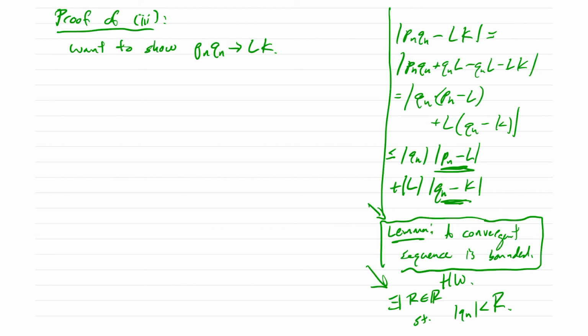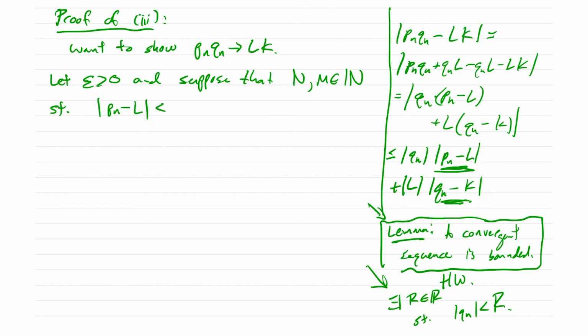So now let's go back in here. What we're going to do is let epsilon be greater than 0, and suppose that n and m are in the naturals such that the absolute value of Pn minus L is less than epsilon over 2R, and that the absolute value of Qn minus K is less than epsilon over 2 absolute value of L. Now, this is going to be for all n bigger than n, and all n bigger than m.